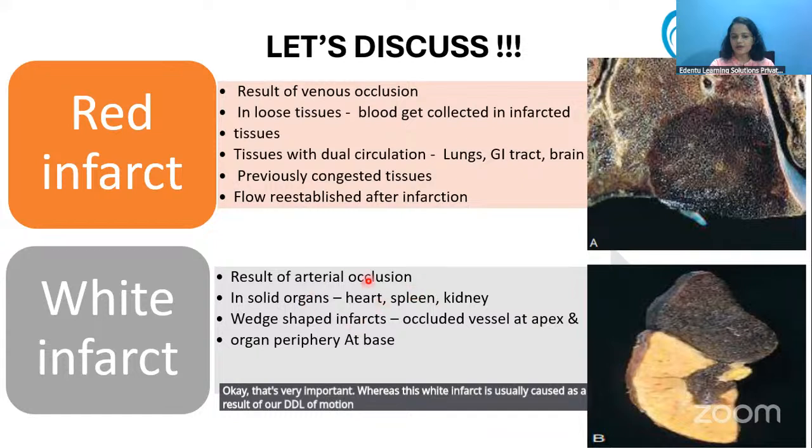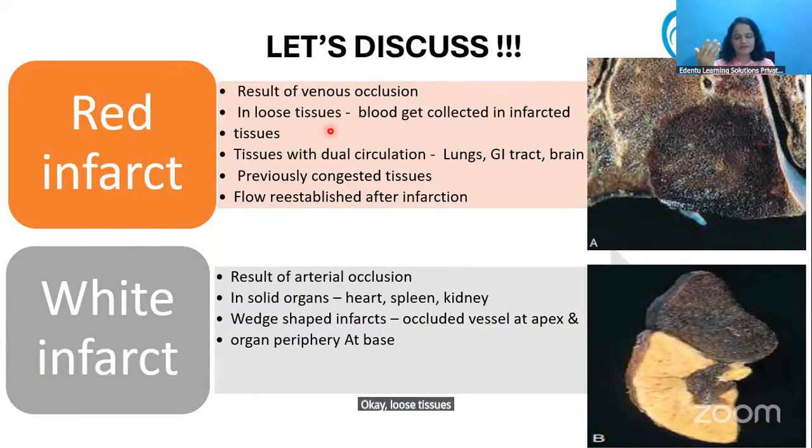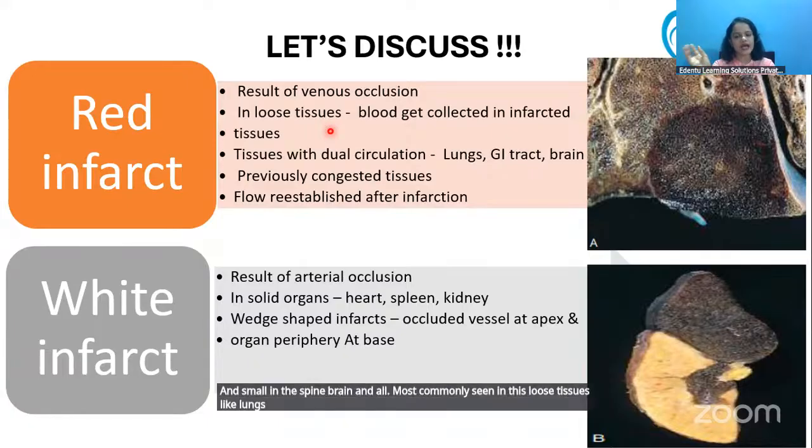The red infarct is usually seen in loose tissues like lungs, small intestine, GI tract and brain. The blood gets collected in these infarcted tissues, and that's why it is called a red infarct.